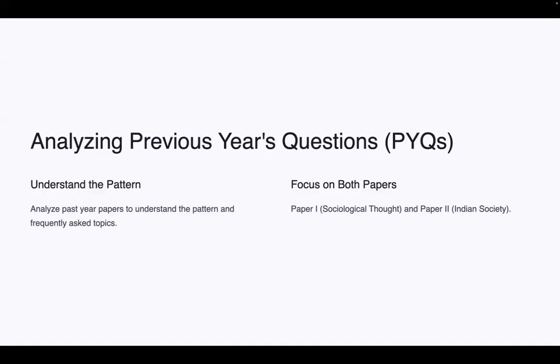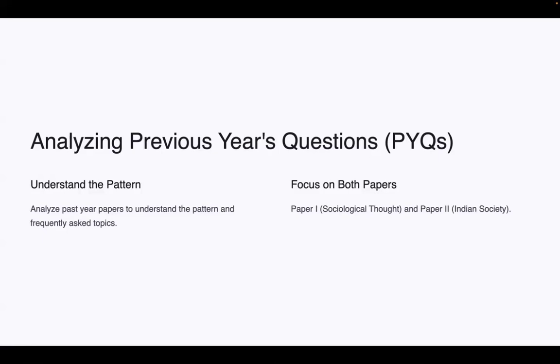The second thing which is very, very important is to focus on both papers. It has been identified, and I had also made this mistake, that I extensively focused in my initial attempts on sociology paper one, in which I scored very, very well, one of the highest. But in sociology paper two, I did not give much attention, which led to very few marks in my initial attempts in paper two. And this is one of the most common mistakes committed by most aspirants.